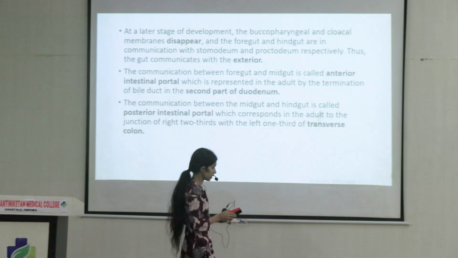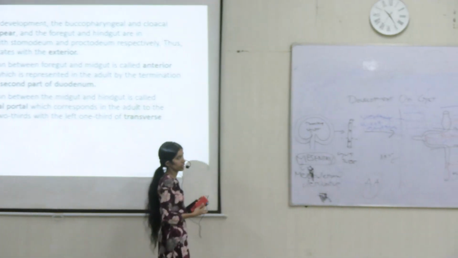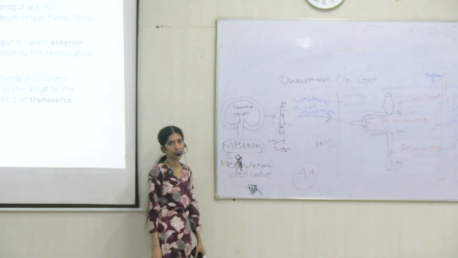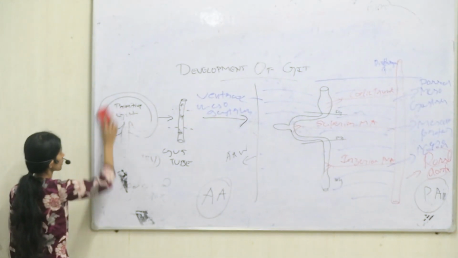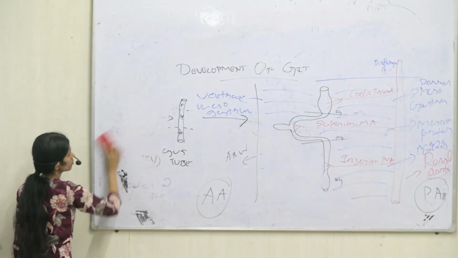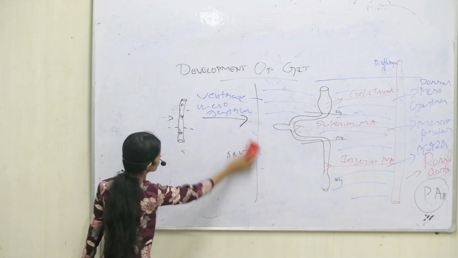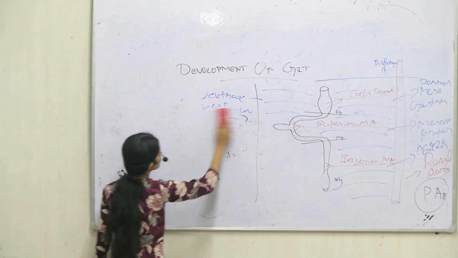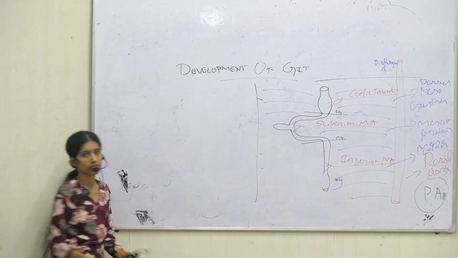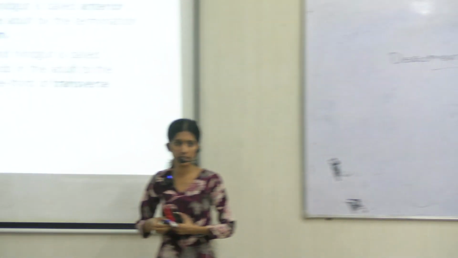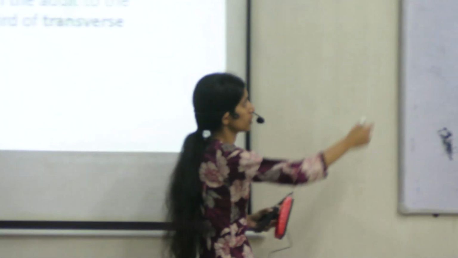In the adult structure, the mesentery gives rise to different ligaments. So what are the different ligaments we see in the gut region?